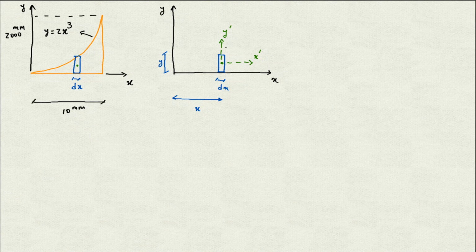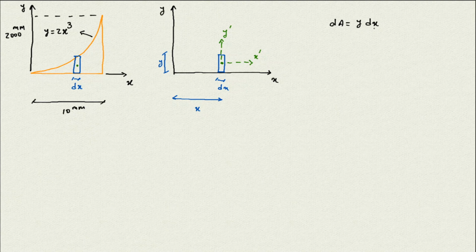Now if we want to calculate the expression, first of all, this is going to be the dA. The dA here is y dx, so we have dA equal to y dx.